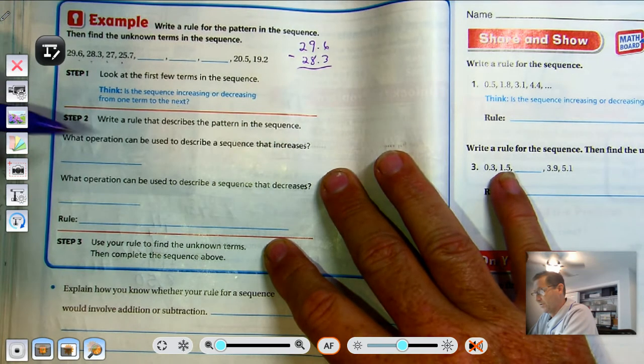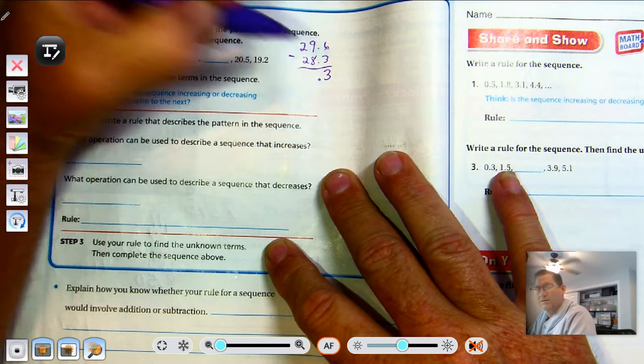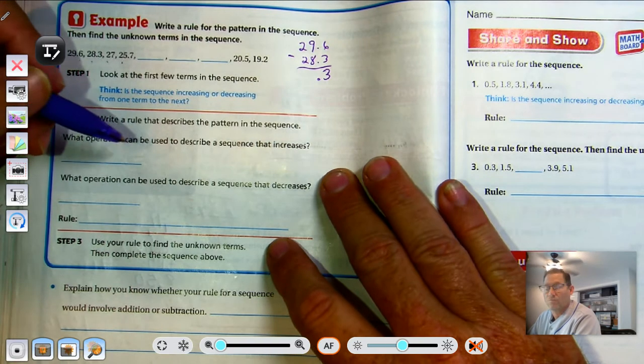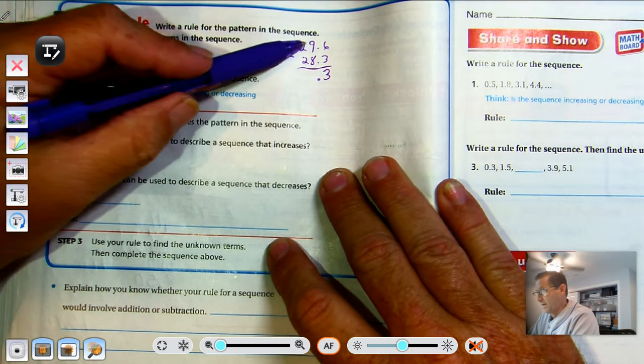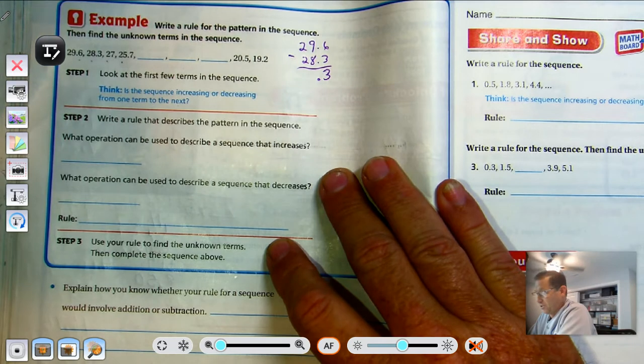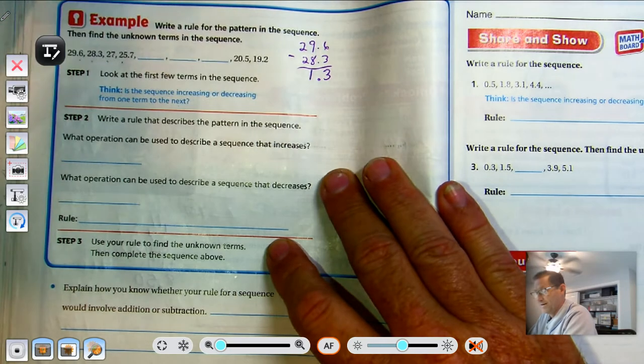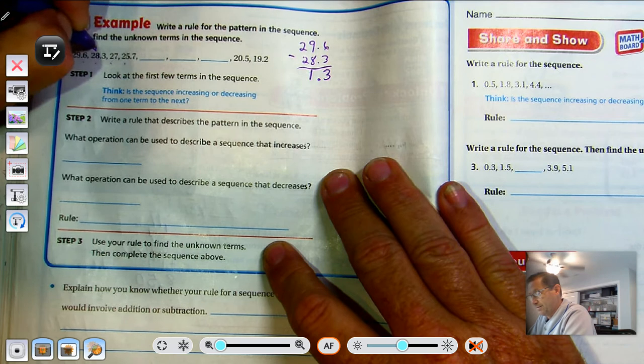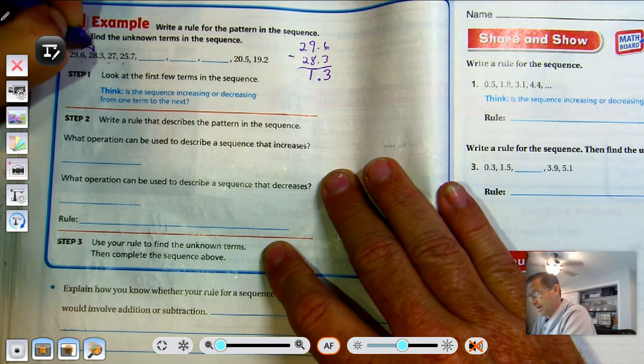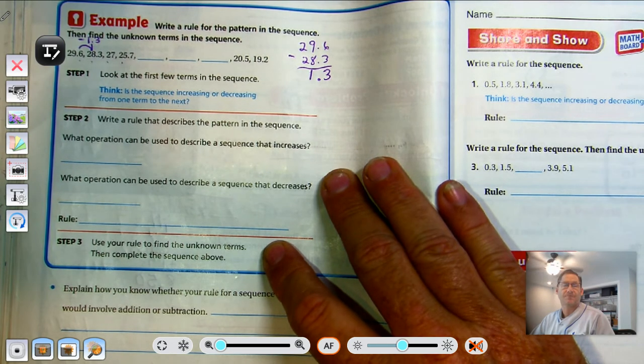Well, 6 tenths take away 3 tenths is 3 tenths. Place the decimal and subtract the whole numbers. 29 take away 28. That's just going to be 1, right? So 1.3. So to go from here to here, you're going to subtract 1.3.